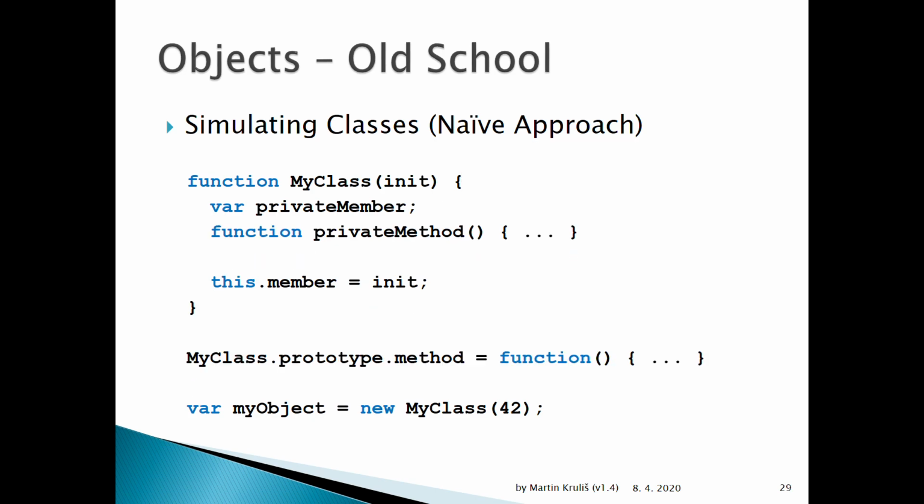So the first choice we have is to place the methods, at least the public methods, outside, so we can augment the prototype object of the my class and save functions as properties that hold the methods. This way the function will be created only once for all the instances, for all the objects that will be instantiated from my class.